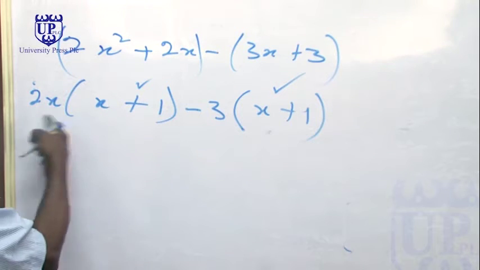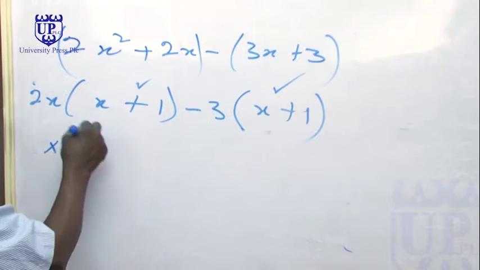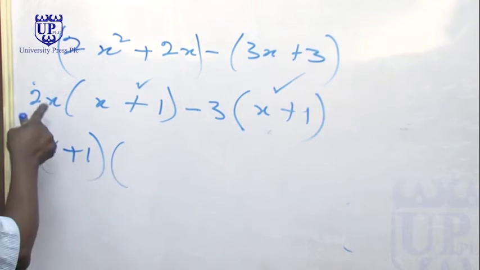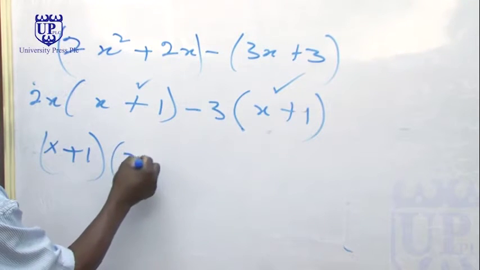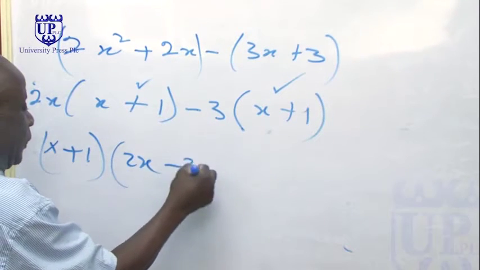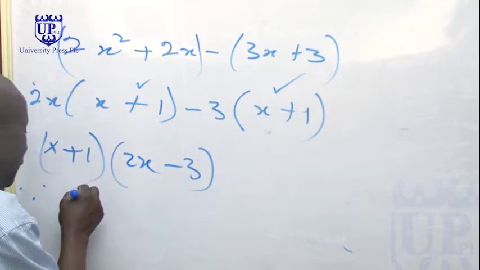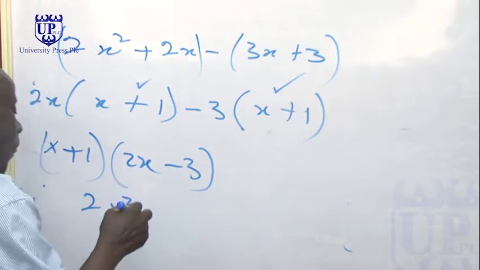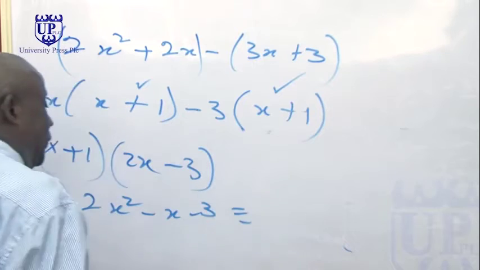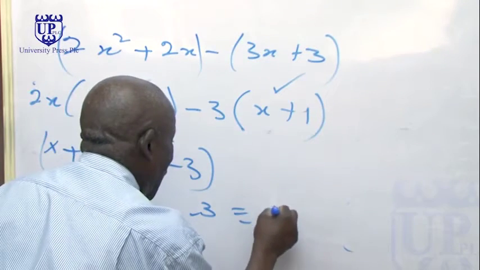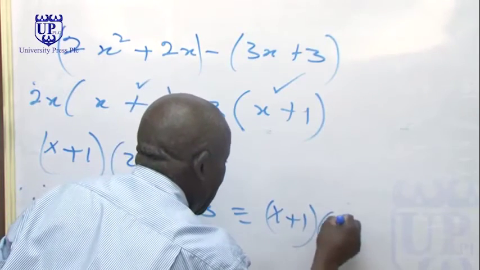This one is common to this expression and this one. Take it out, x plus 1 in bracket. So this one remains 2x, then minus 3. So you see, therefore, 2x squared minus x minus 3 is the same thing as x plus 1 and 2x minus 3.